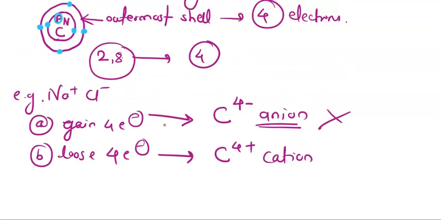We know the first shell has 2 electrons. If it loses the outermost 4 electrons, it is very hard for the nucleus of carbon to manage with only 2 electrons. So this is also not possible.